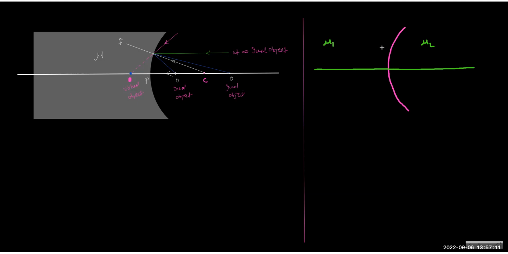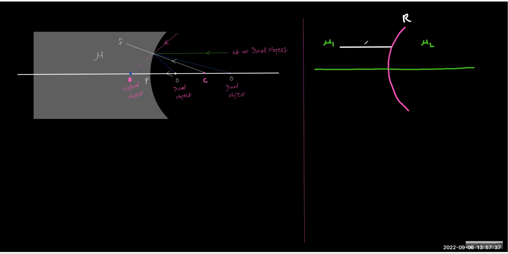Now, if we have two media separated by a spherical surface of curvature R, then the question is, if a light ray is coming parallel to the principal axis, which light ray is this?